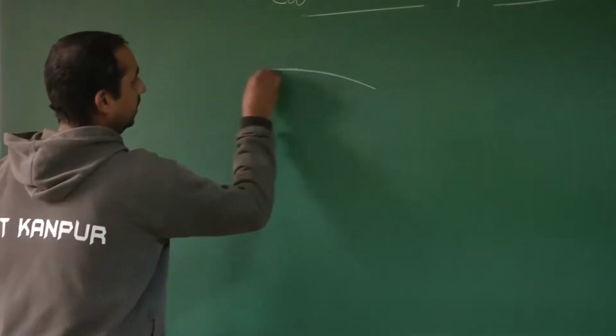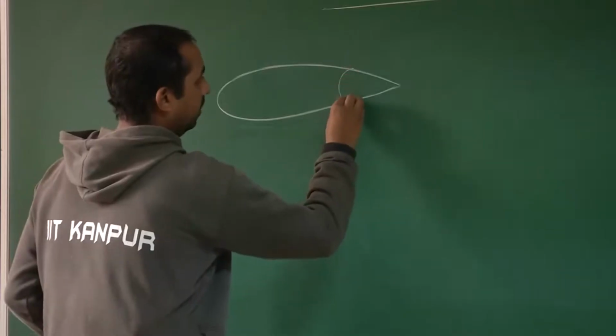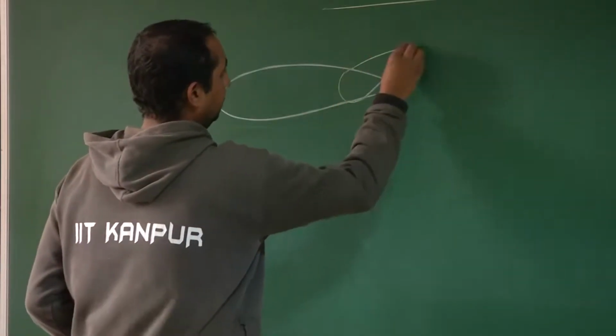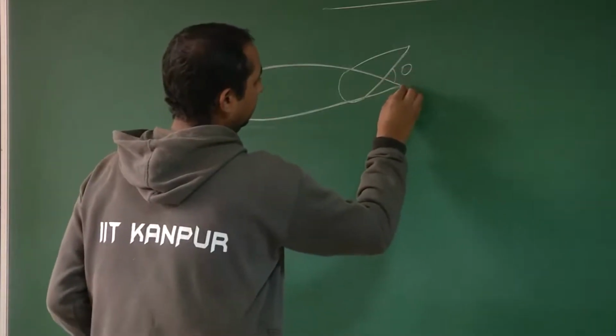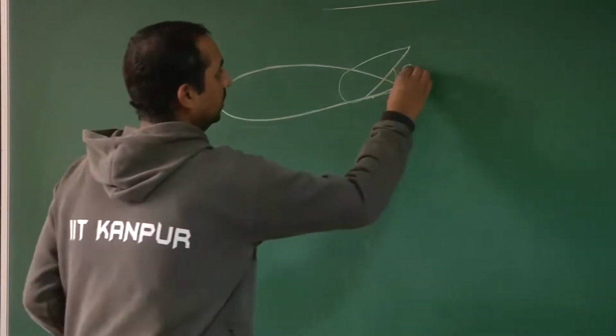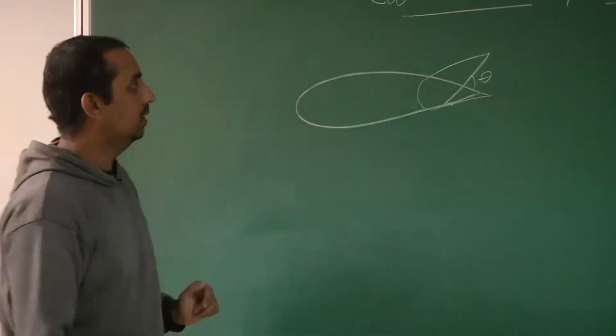Suppose this was your wing and you deflected your control surface to some angle, say theta. Now you want to know this angle.